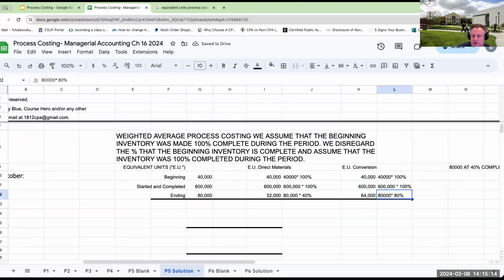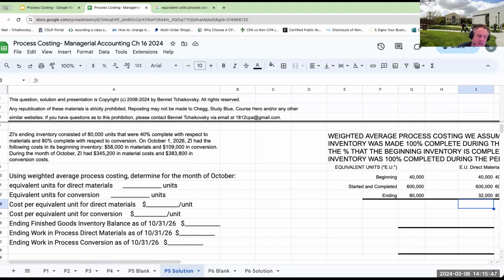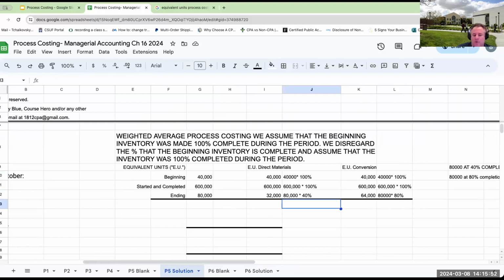So 80,000 units at 80% is the same as 64,000 units at 100% completion. Because we're dealing with mass production, we're not making things for the customer like we were doing in job order costing. Cereal, vodka, whatever it might be. So that's how we're going through and doing this.